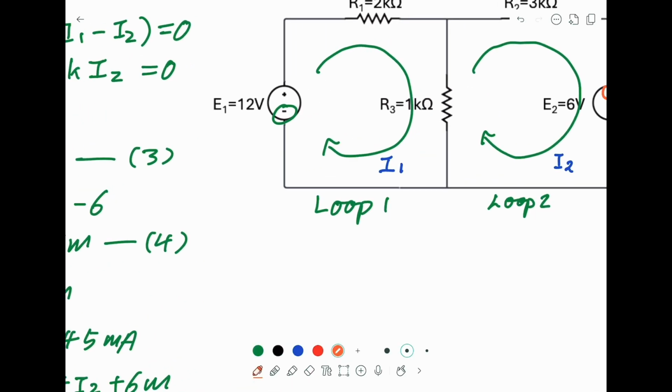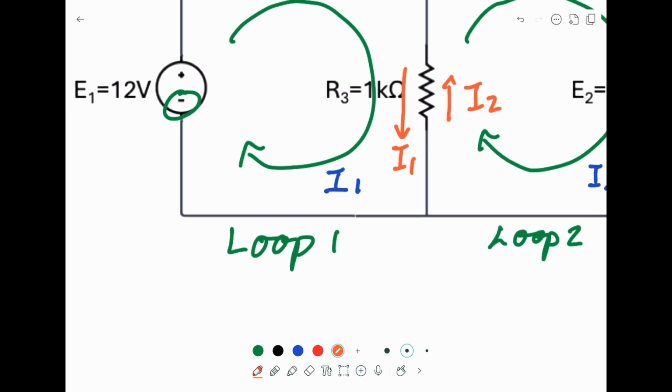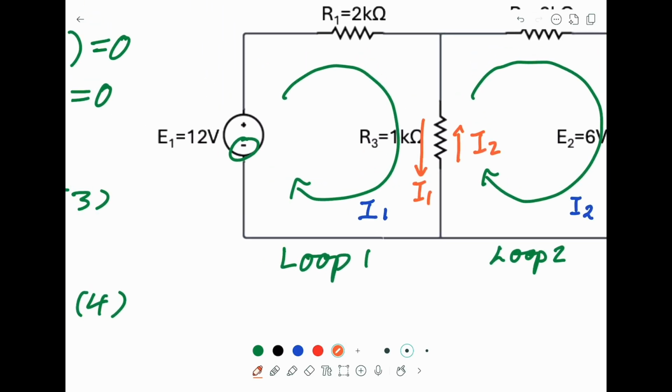When we assume both loops, the mesh current flowing clockwise. For the R3, I1 is down, but I2 in this assumption is up. However, the sign of I2, what we find is negative. So it means our assumption should be reversed.